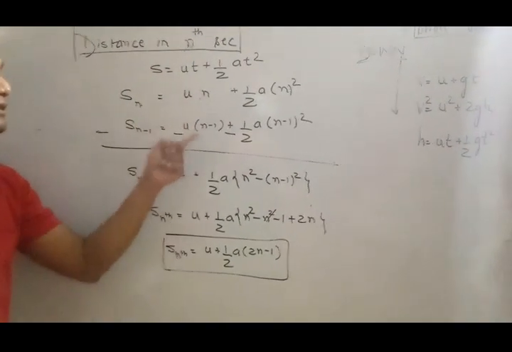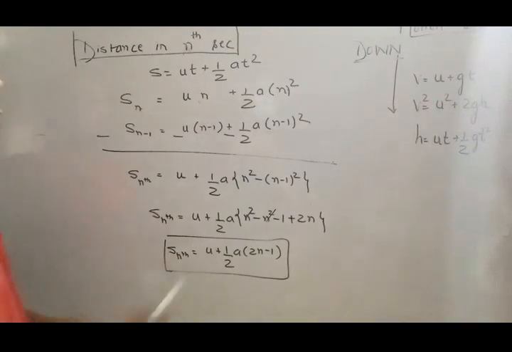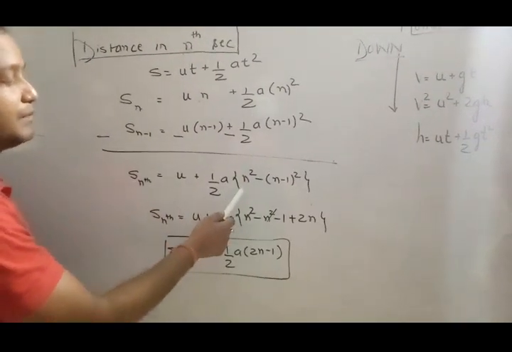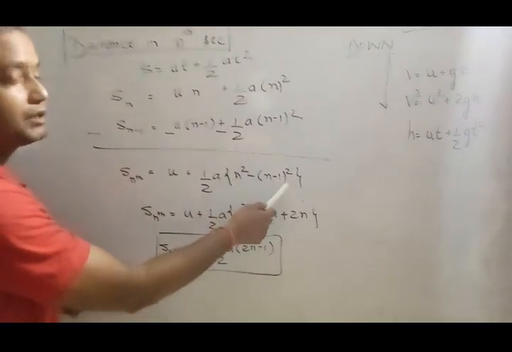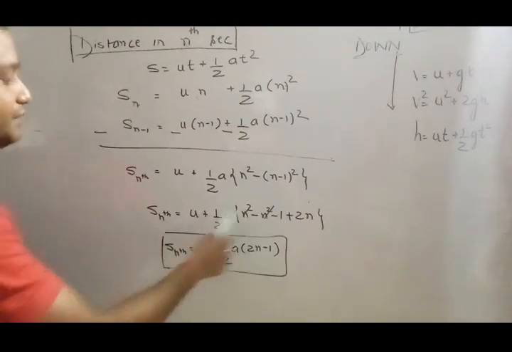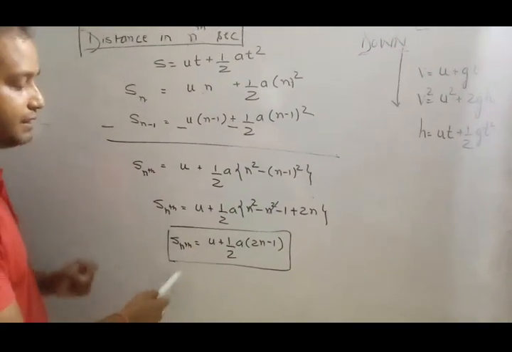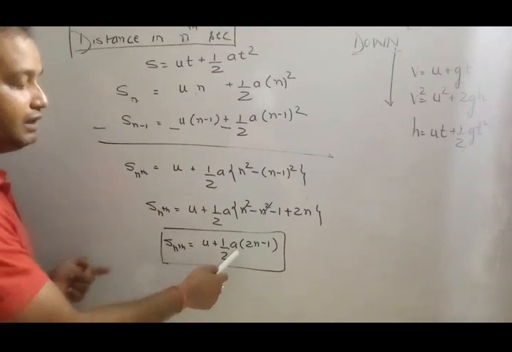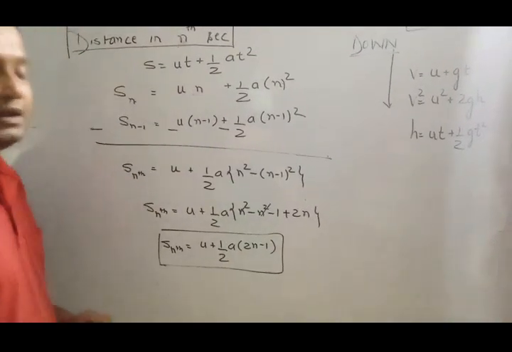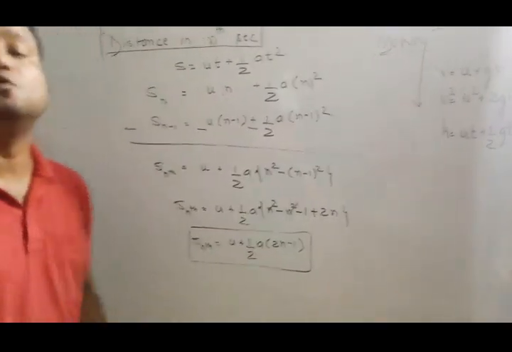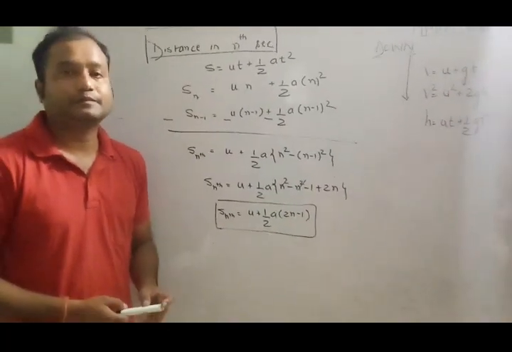Now simplifying this, I get u, and on simplifying this, I have half a in brackets n squared minus n minus 1 whole squared. On further simplifying, I get the distance moved in the nth second as u plus half a into 2n minus 1. This is going to give us the distance moved in the nth second, guys.